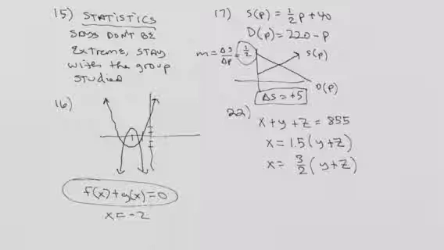You could divide by 1.5 as well, but this way I'm going to multiply by 2/3. I'm going to get 2/3 x equals y plus z. The reason we did that was so that now I've got y plus z here, and I had y plus z up there. If I replace y plus z with 2/3 of x, I get an equation that just has x in it.